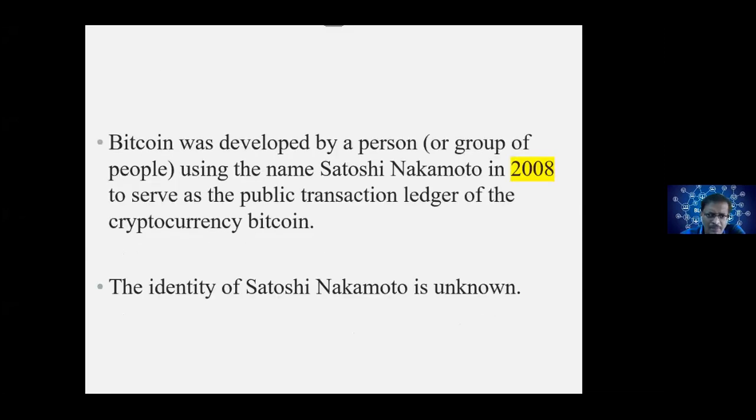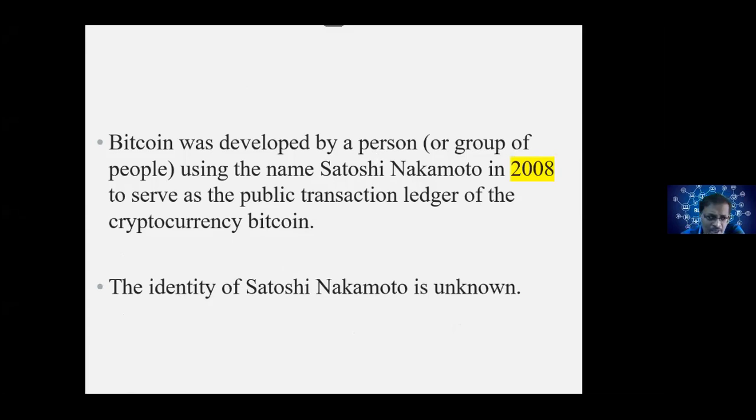And this is a person, Satoshi Nakamoto. His identity is not known, but in the white paper he released, the name specified is Satoshi Nakamoto. There may be a person or a group of persons behind it, we don't know, but the identity of the developer is not known.